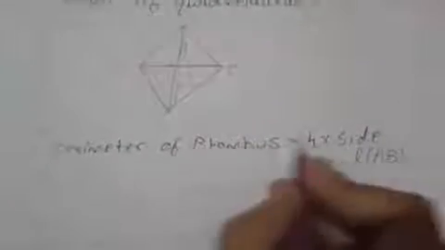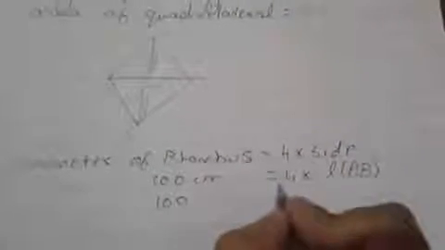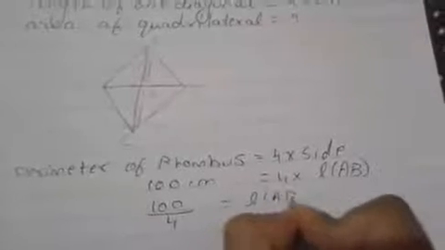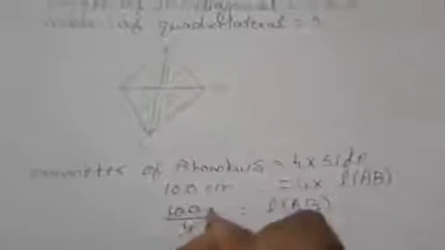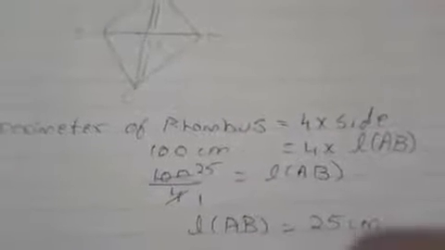Now the perimeter of the rhombus, is it given? Yes, it is 100 centimeter. So now we will find the length of AB. 100 equals 4 multiplied by the length of AB. When 4 goes to this side, it will be divided. Therefore, the length of AB will be 4 ones are 4, 25s are 100. So the length of AB I got as 25 centimeter.